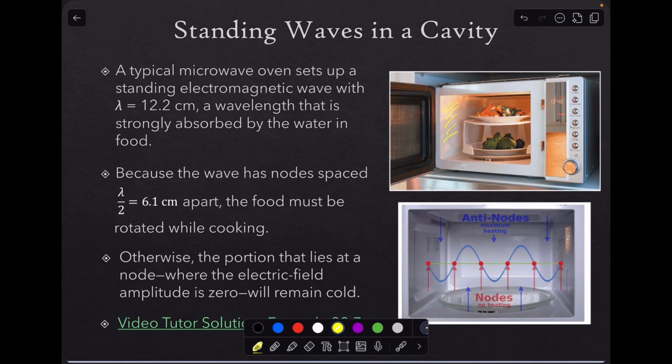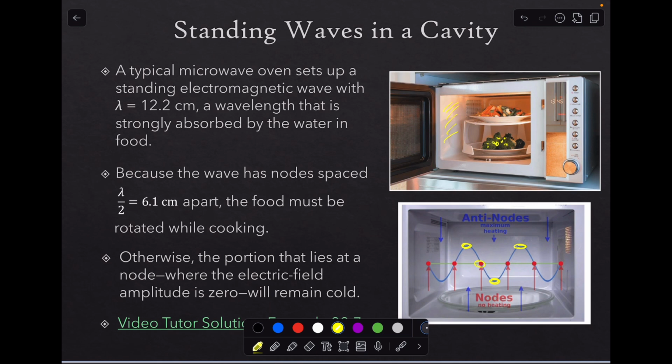Wherever you have the antinodes of the standing wave, you're going to have areas of maximum magnetic or electric field, and that's going to heat up your food by interacting with the water molecules in your food. And wherever you have no wave, you're going to have no heating. And so we need to rotate our food in order to hit all the places in the food equally.